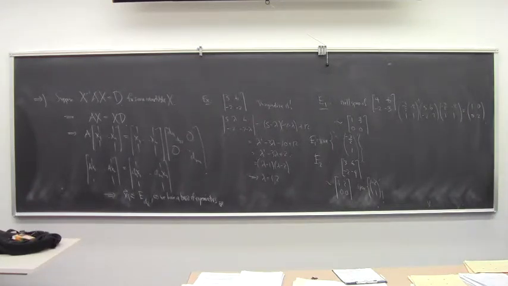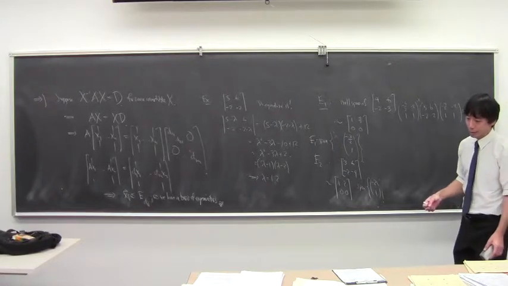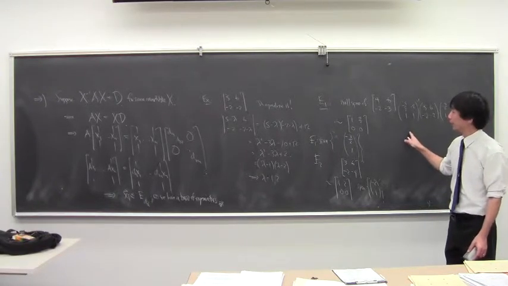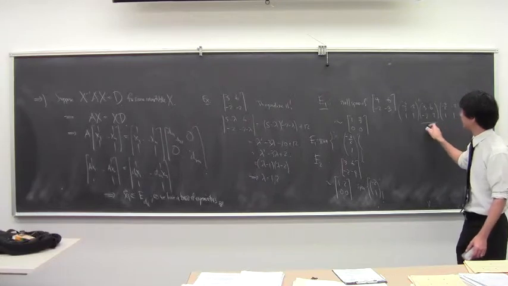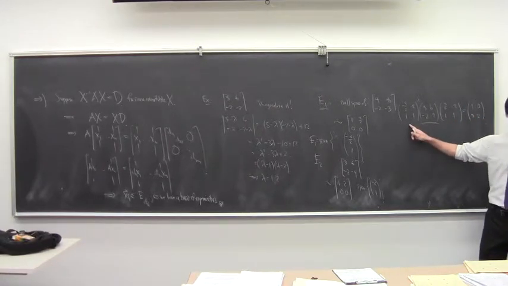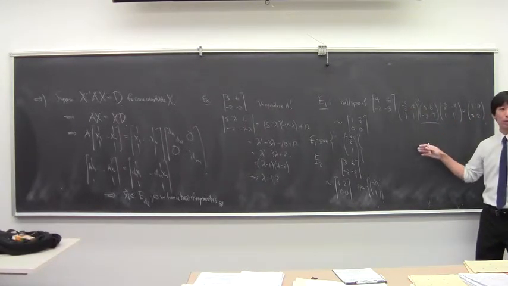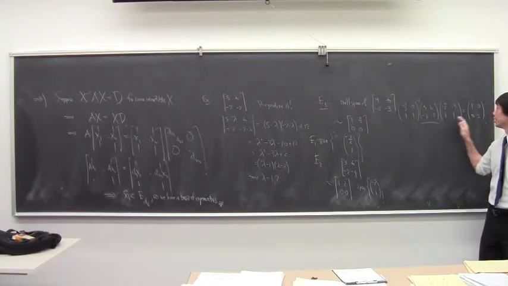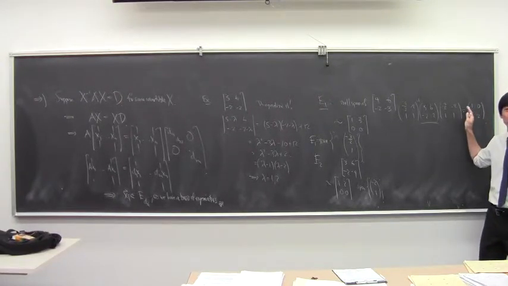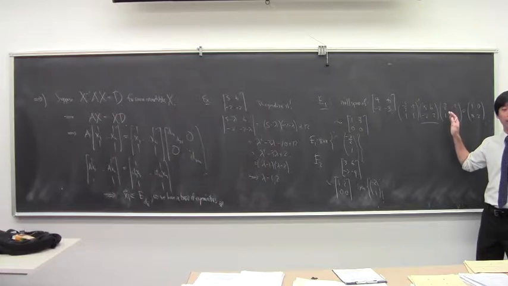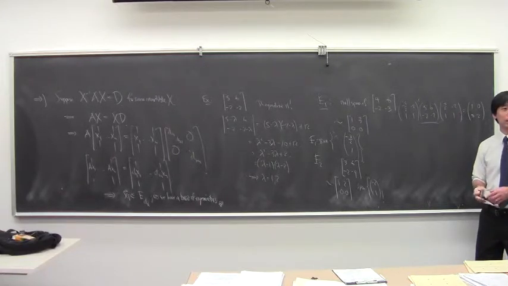By what we just said, if you conjugate your matrix with a matrix whose columns are an eigenvector basis, you end up with the corresponding eigenvalues down the diagonal.